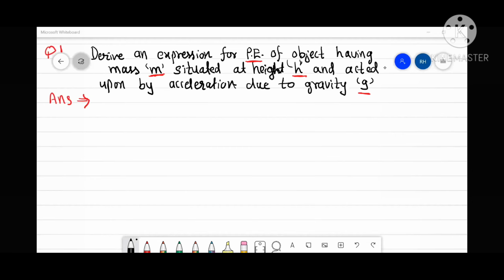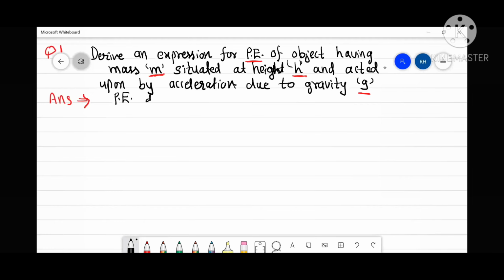Now see here students, it is mentioned as the derivation for the potential energy. Is it clear? Potential energy depends upon the mass, mentioned as m, next the height h, and then the acceleration due to gravity g. Then in the answer we will consider potential energy PE.